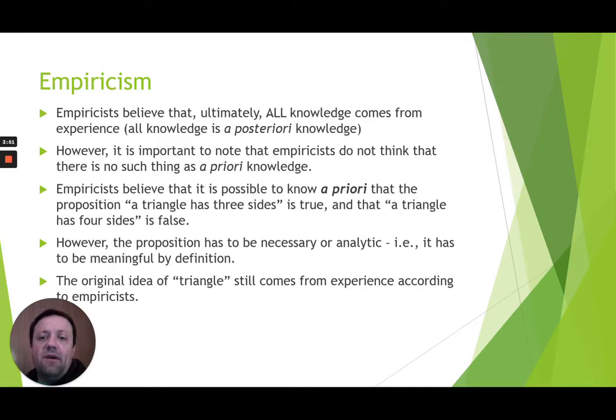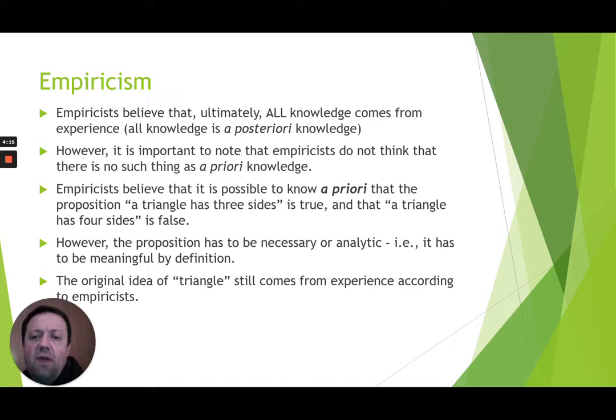So, as I said, empiricists believe that ultimately all knowledge comes from experience, making knowledge a posteriori. Okay, knowledge after experience. However, it is important to note that empiricists do not believe there's no such thing as a priori knowledge, but they only believe that a priori knowledge exists in a trivial sense.